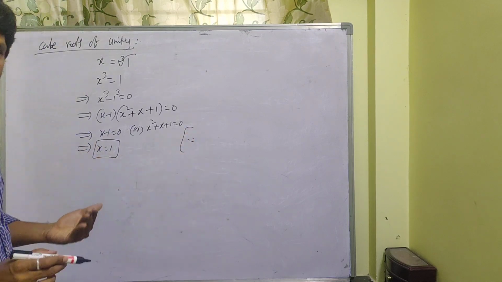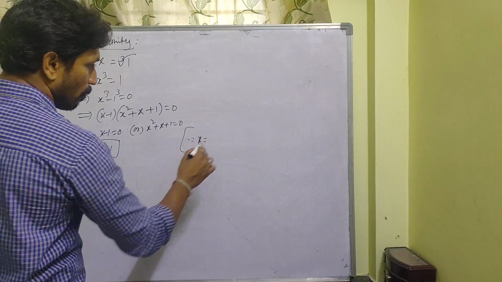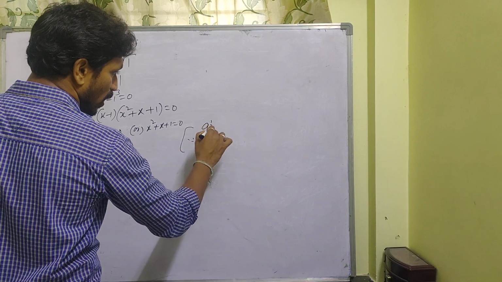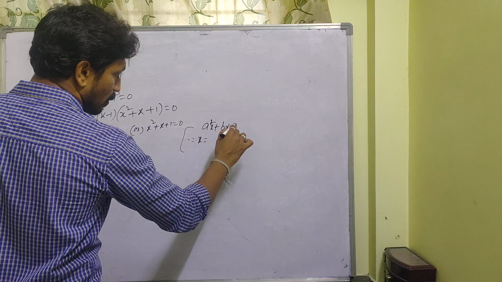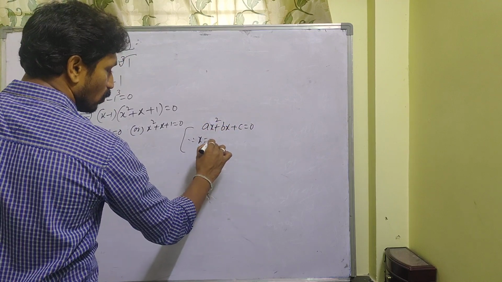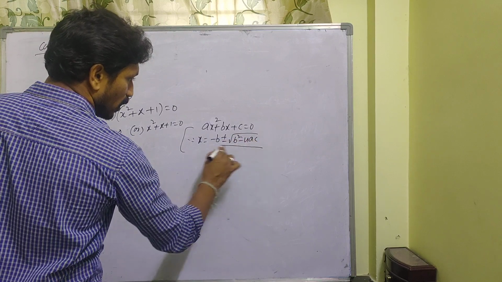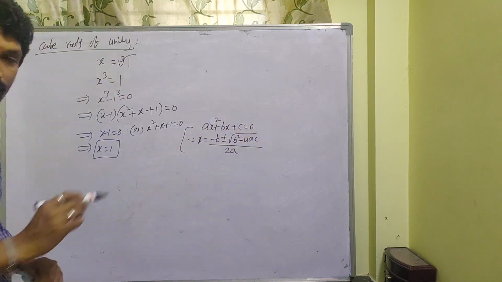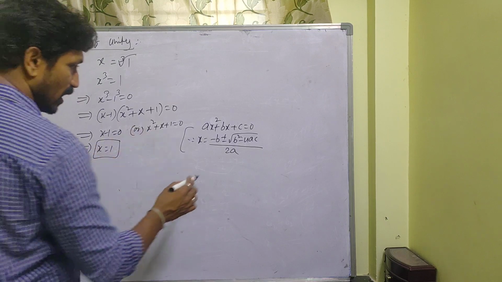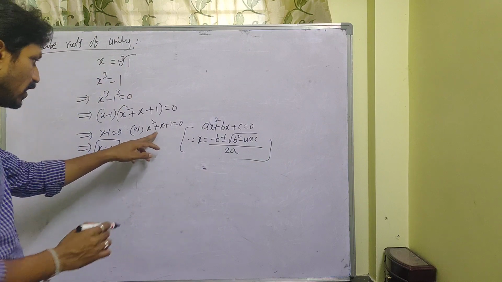In 10th class we have the quadratic equation. How to find the roots? By using the formula: for ax square plus bx plus c is equal to 0, the roots are x is equal to minus b plus or minus root over b square minus 4ac, by 2a.